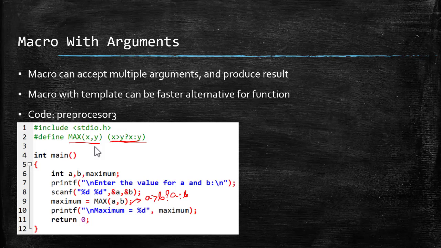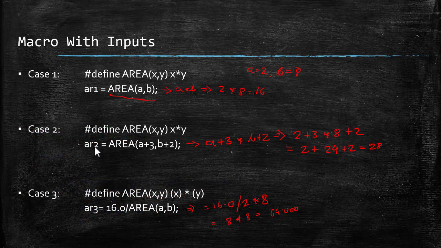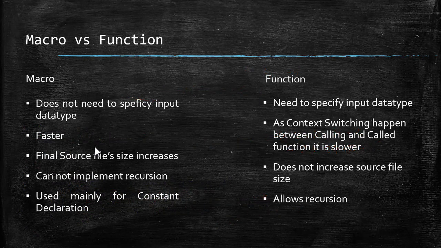So this is an advantage for a macro. In x and y, instead of giving integer, you can give float, double, character, whatever, and it will perform its operation without any hesitance. But in case of function, you need to give the data type. So it is a big advantage of macro.